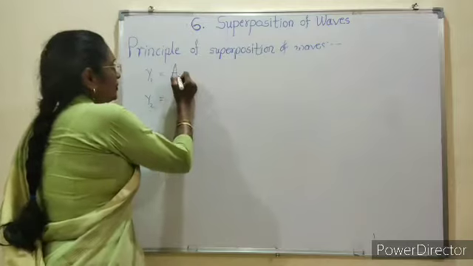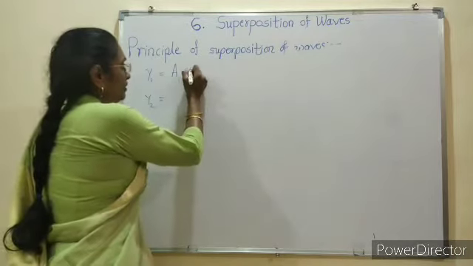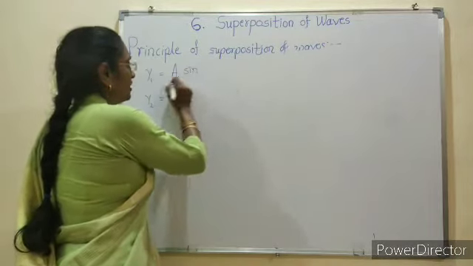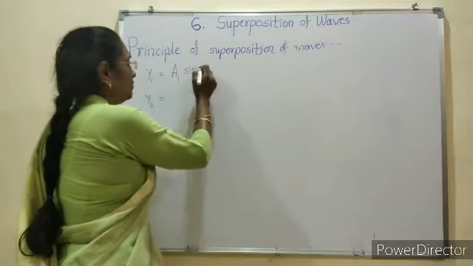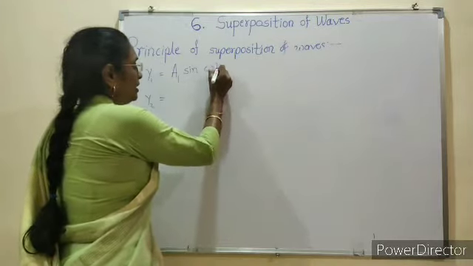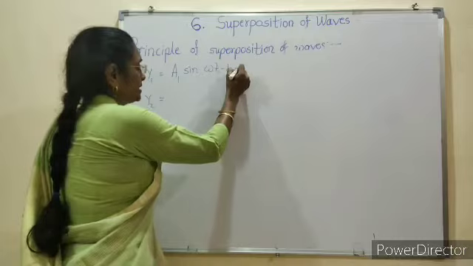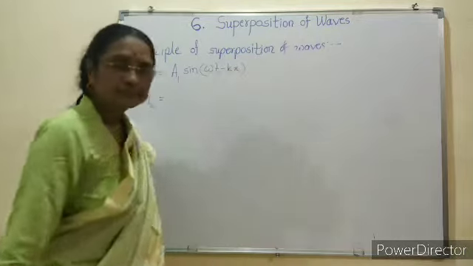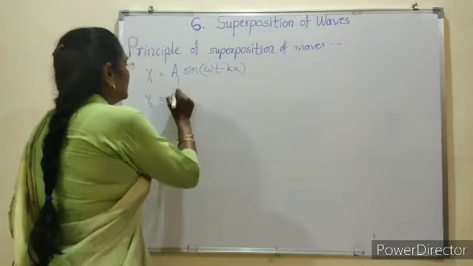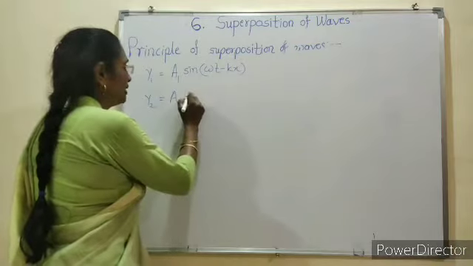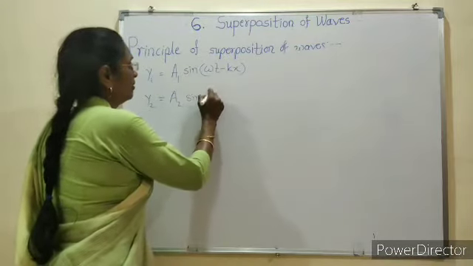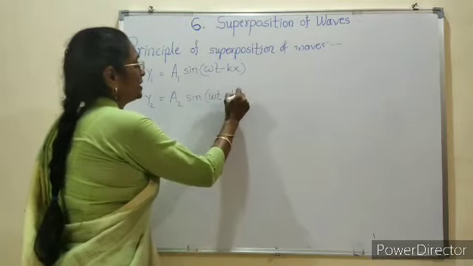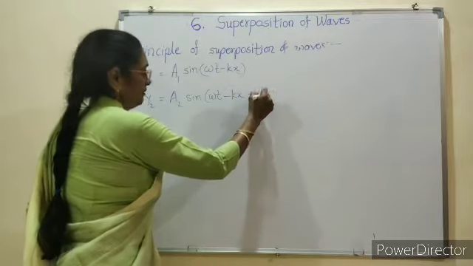For the first wave, the amplitude is a1, and its expression is y1 equals a1 sin(omega t minus kx). For the second, y2 equals a2 sin(omega t minus kx plus phi).